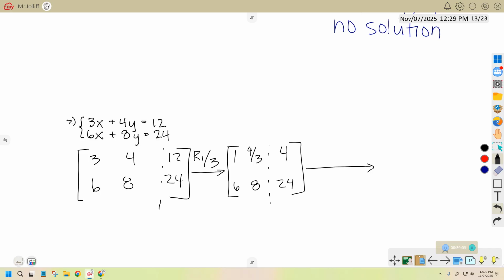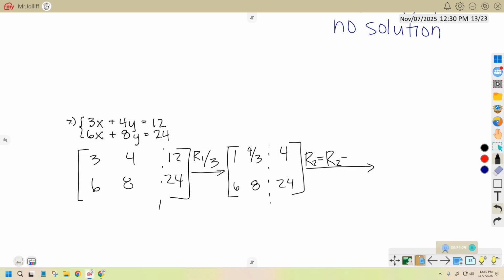Next, I want to turn the bottom first entry into a 0. You may have noticed a pattern. We're taking row 2, and then we're either adding or subtracting something from row 1 to it. So row 2 equals row 2 plus or minus something row 1. What do I need to multiply by row 1 to turn it into a 6? 6.